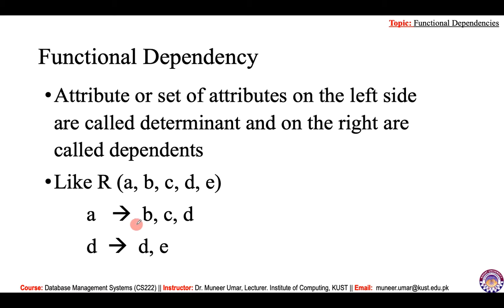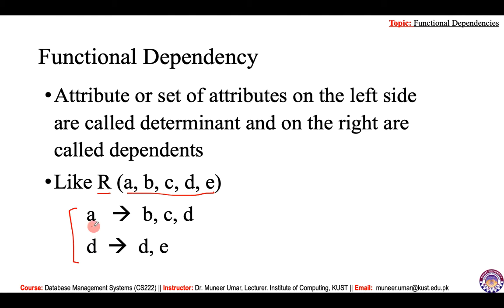Suppose here we have a relation R. We can also call this a table, and it has some attributes, and there is some sort of functional dependency among these attributes.